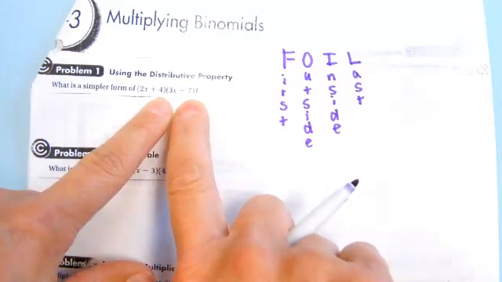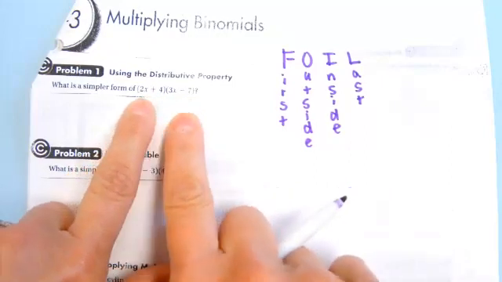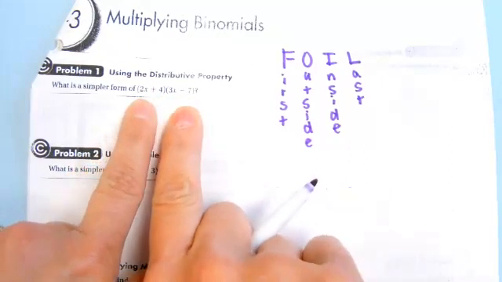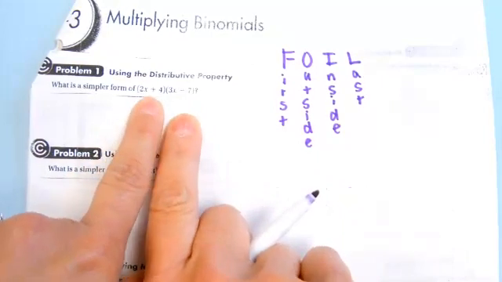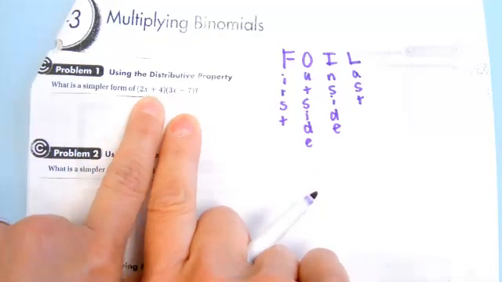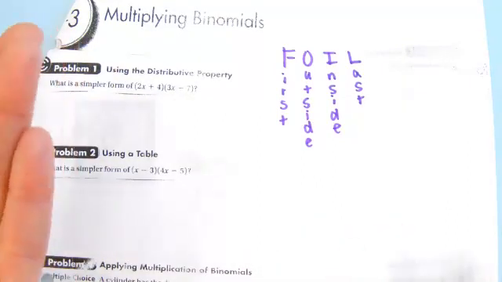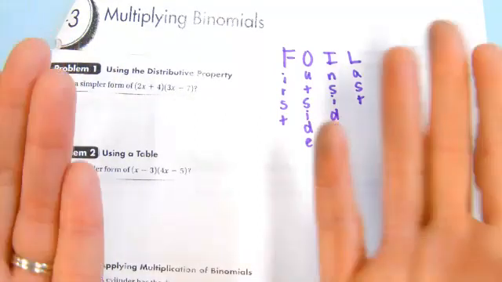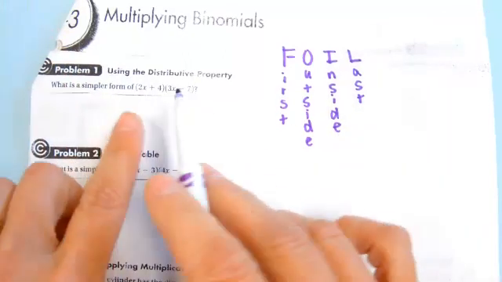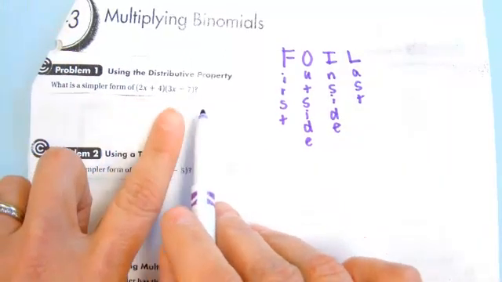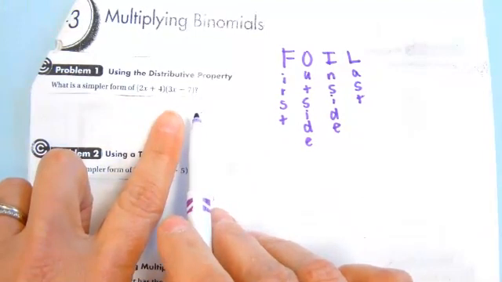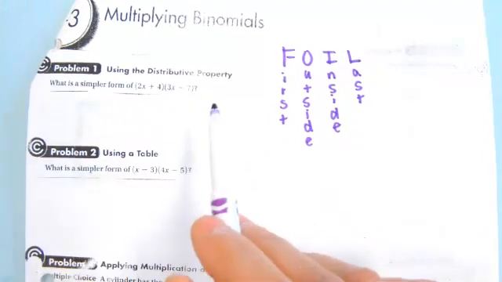It's like a set of dancers, a do-si-do situation, where the girls are on one side of the dance floor, the boys are on the other, and the rule is each girl must dance with each boy. By dance I mean we're going to multiply in this case.